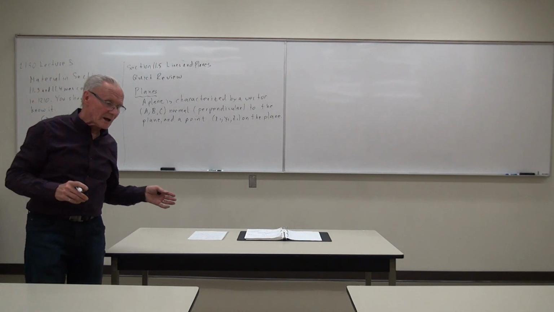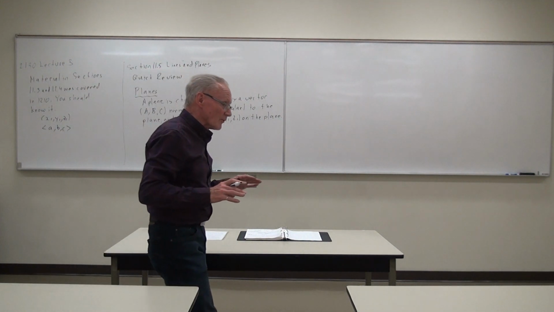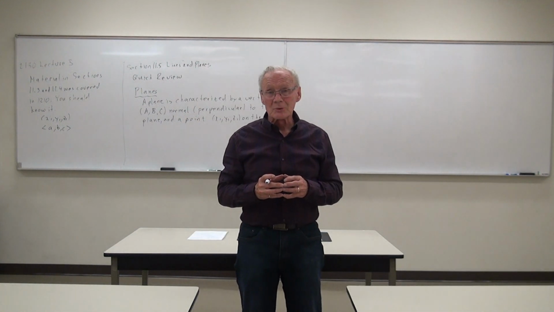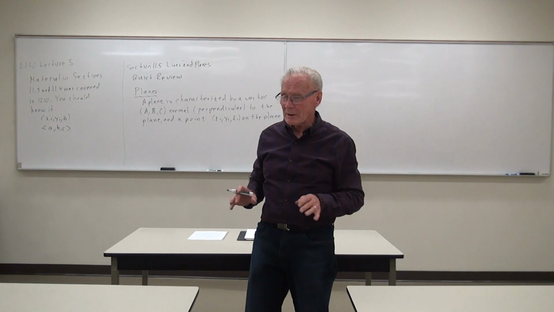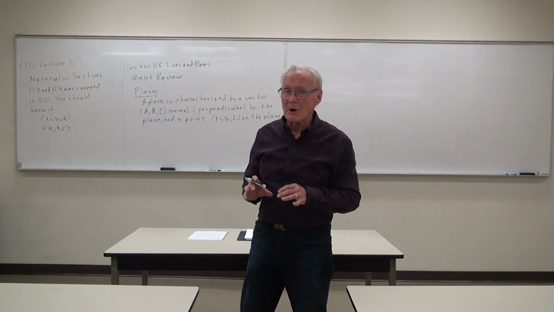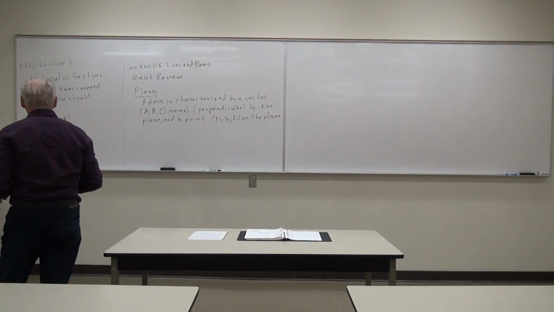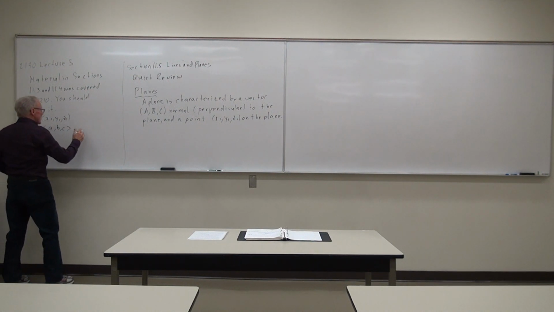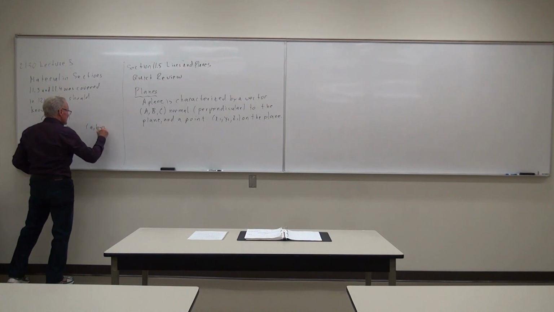I wrote the calculus book long before I ever wrote the book or my notes on 1210. As a result, in the calculus book, that distinguishing feature is not made. All coordinates of points are indicated this way, and vectors are also indicated this way.